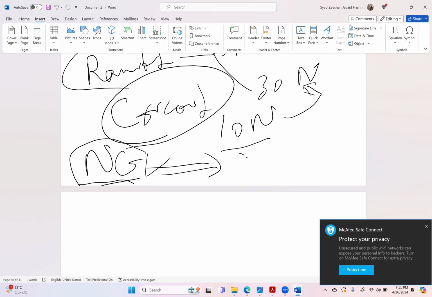Otherwise, NG can only aspirate the fluid, it cannot aspirate the solid particles, and it will finish the tone. So this is another important point.